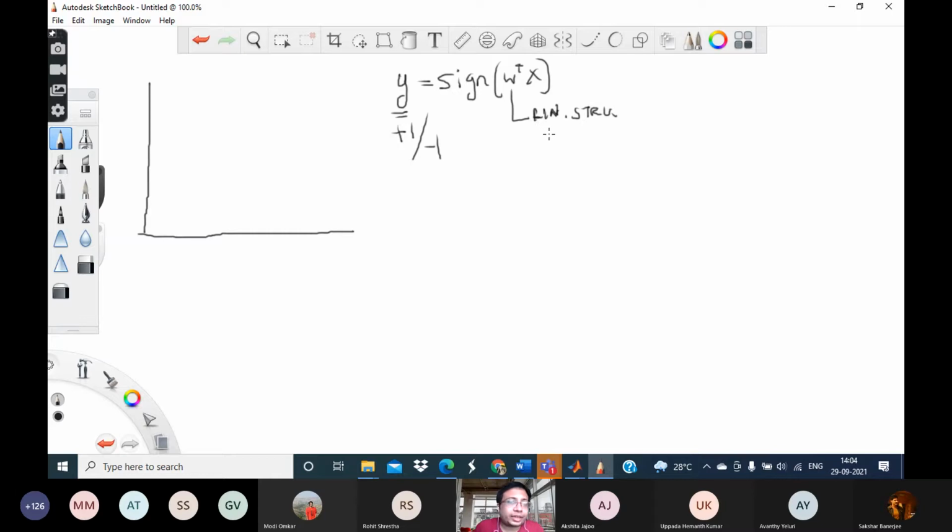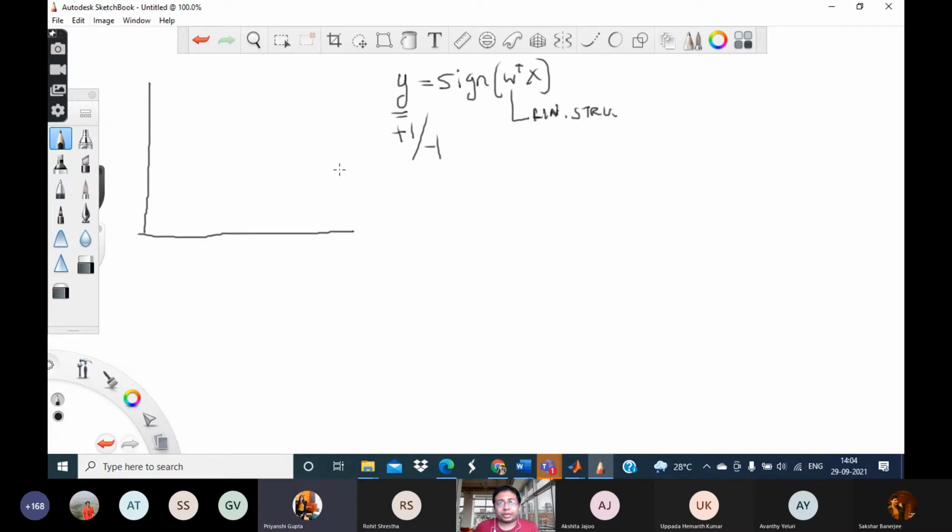We saw that if the data set satisfies a particular property, then a linear classifier will be able to classify it correctly. What's the name of that property? What kind of a data set can be perfectly classified by a linear classifier? Linearly separable data.